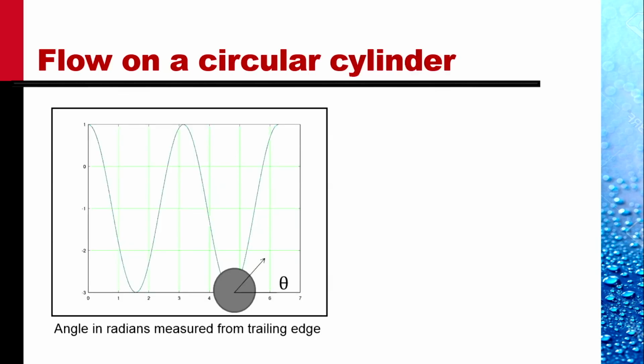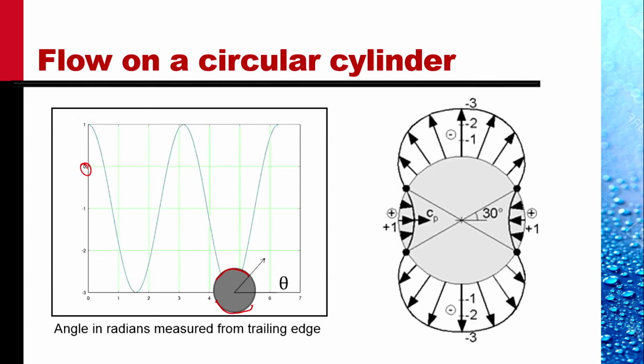On the other hand, if we use Euler equation to calculate the coefficient of pressure on a circular cylinder, we get this variation. This is 0. So at the nose, there is positive pressure coefficient. Same at the tail, and over the bulk of these surfaces, we have negative pressure coefficients.